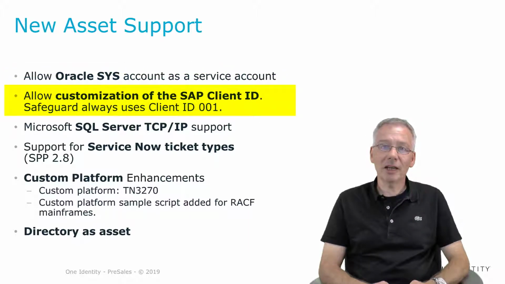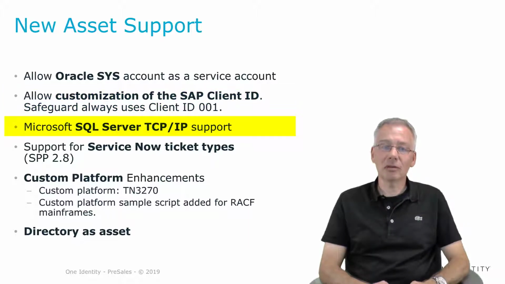We also had a little bug in the system that has been removed, so we can now customize the SAP client ID with any number. It was by default 01, and this has now been solved. In addition, we now support Microsoft SQL Server with TCP/IP connectivity, and not only named pipes as before.